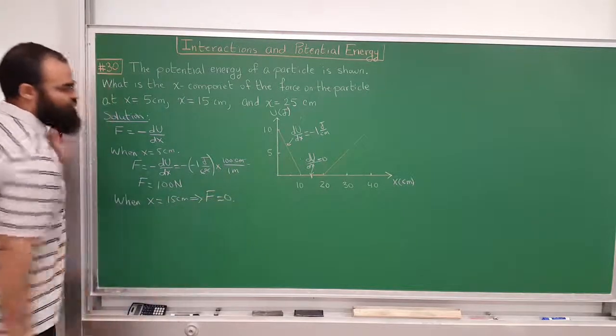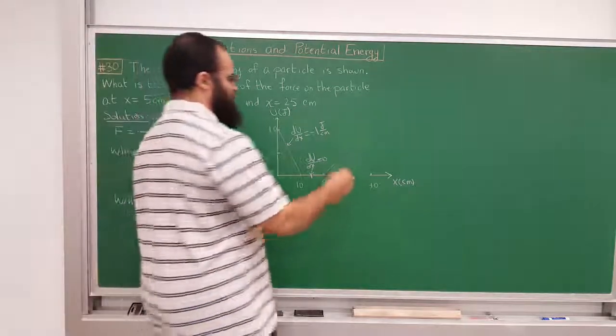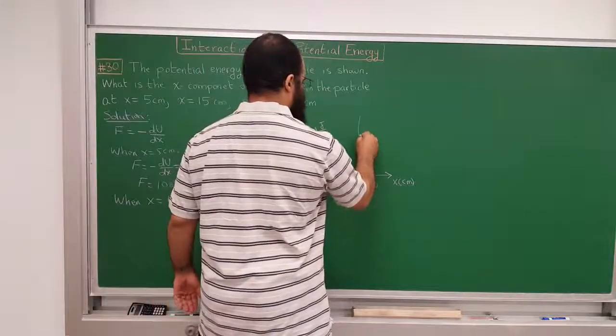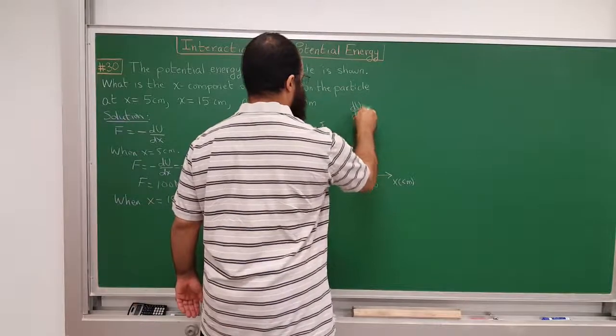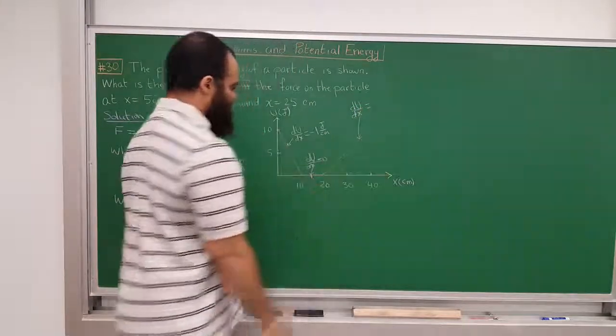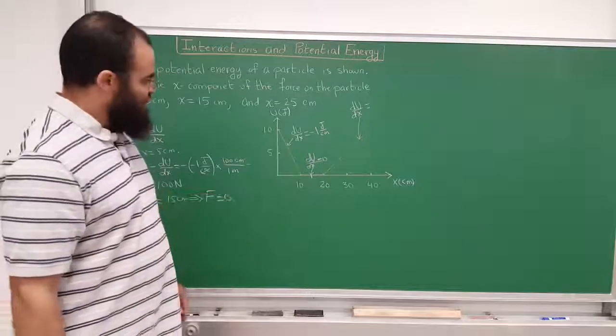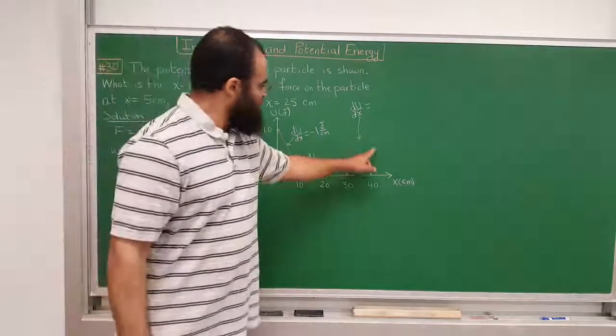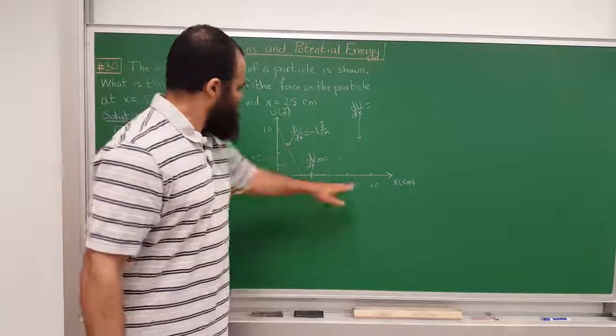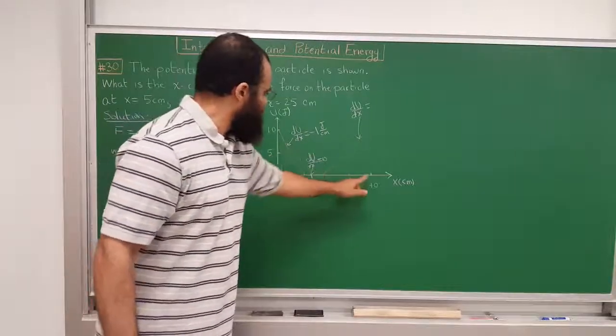The force is 0. And how about here? Well, at this point, du dx, which is the slope of this line, what is it? Well, it's the rise over the run. It rose by 10, right? And then the run is from here to here, so that's a 20.